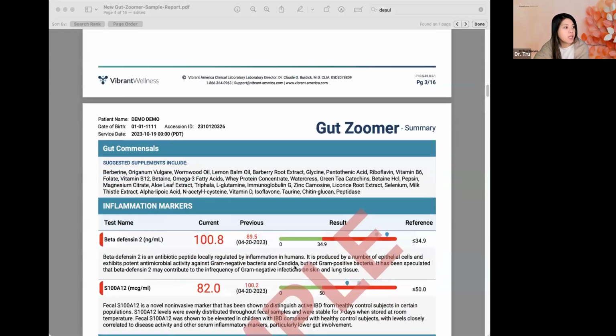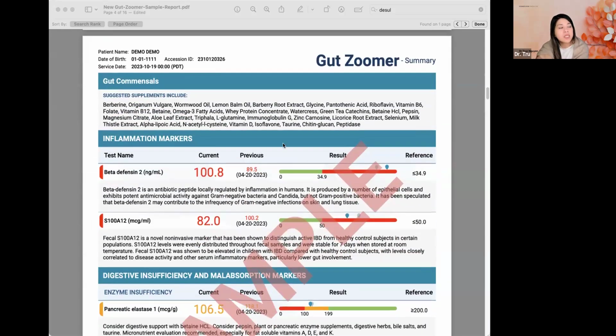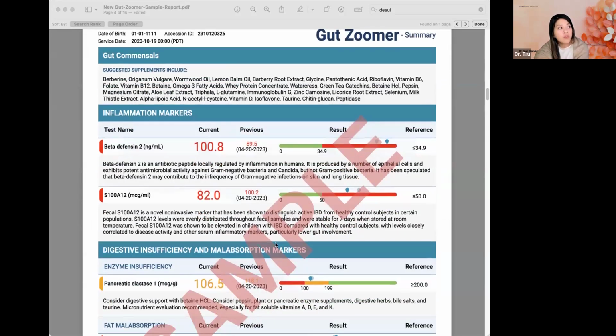Okay, let's get into this. Now, the way they have this is that in the report, if you have an abnormal marker, they will list those first, and then they will give you a description of what it means to have these abnormal levels. So here, for instance, beta defensin 2. This is a peptide, a protein that is regulated by inflammation.